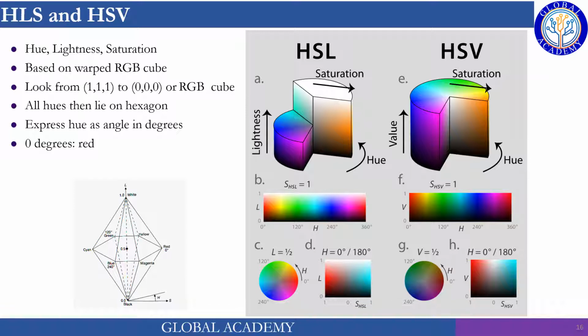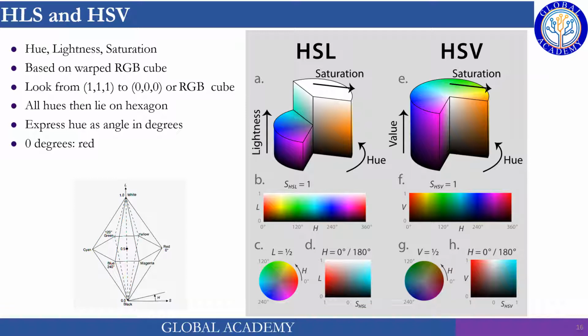So you can see all the colors are mapped along the angle. This is the hue. At 0 degrees it's red, at 60 it's yellow, at 120 it's green, blue is at 240, and then at 360 once again red, and magenta is somewhere between 240 and 360.